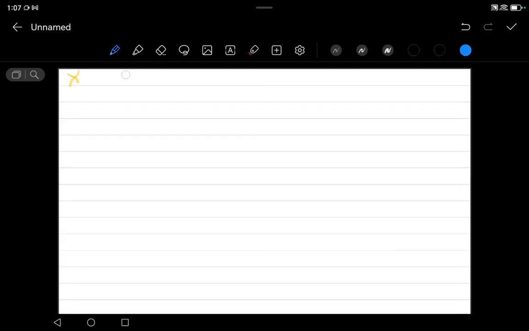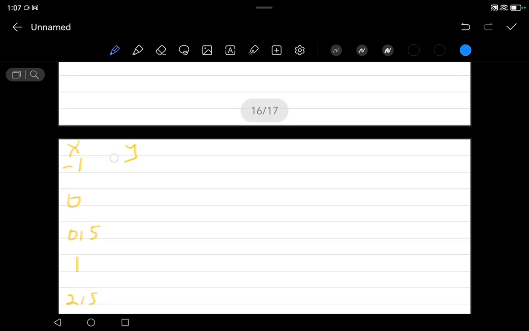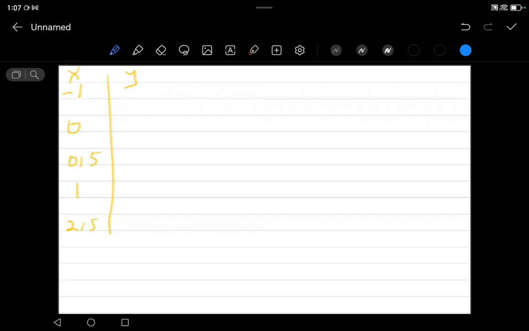We have x and y. x is negative 1, 0, 0.5, 1, and 2.5. And y we have 3, negative 2, negative 0.375, 3, and 16.125. So this is what we have.